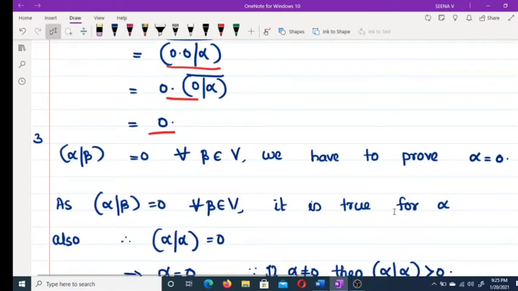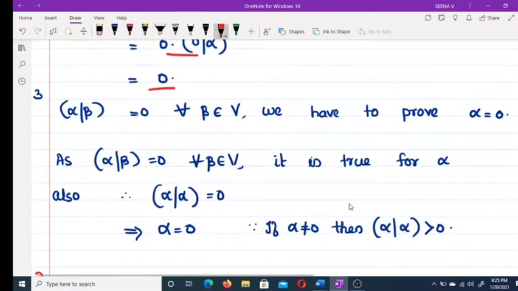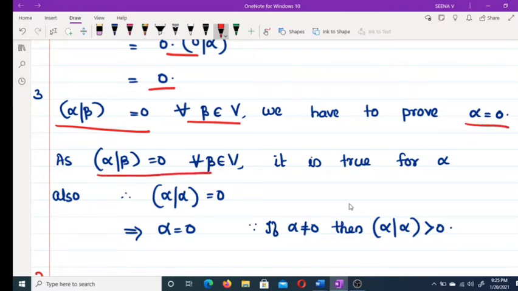Now move to the last problem: the inner product of alpha and beta equal to 0 for every beta belonging to V implies alpha equals 0. We have this condition, and it is true for every beta belonging to V. Alpha is again an element in V, therefore this result is true for alpha also.